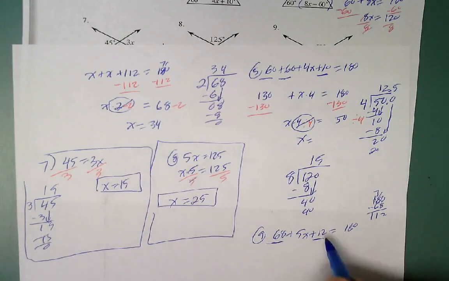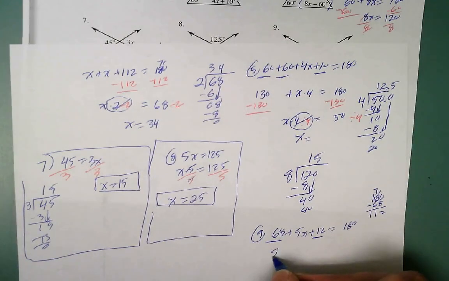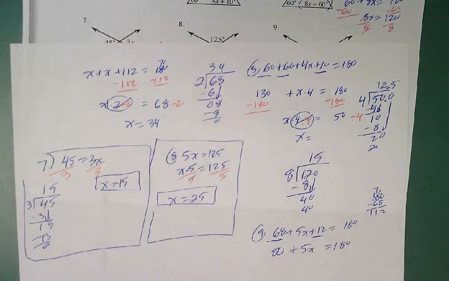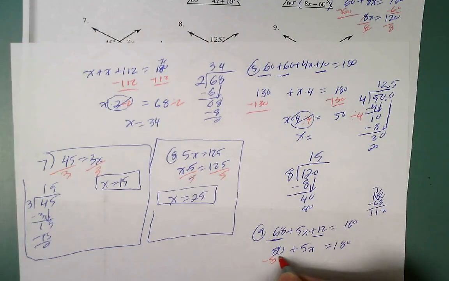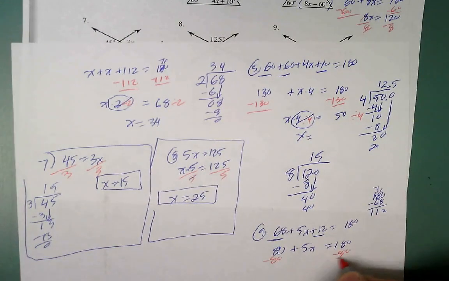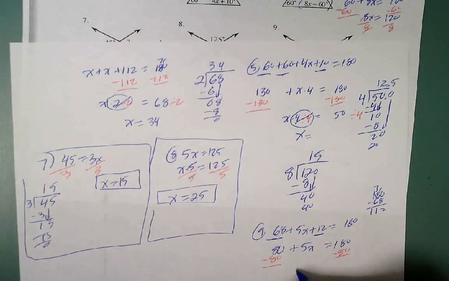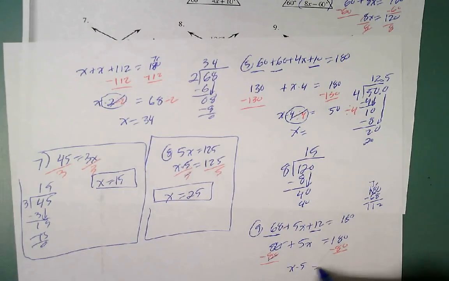68 plus 12. It's a nice even 80 plus 5x equals 180. How do I get rid of that 80? Well, subtract it. I'm adding it, so I do the opposite. Those cancel out. 5x is the same as x times 5, and these cancel out. And what is 180 minus 80? Nice, even 100. And x times 5 is 100.